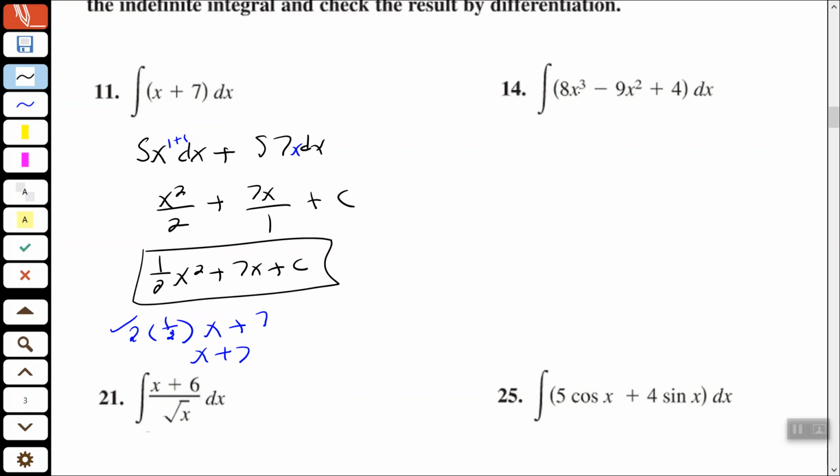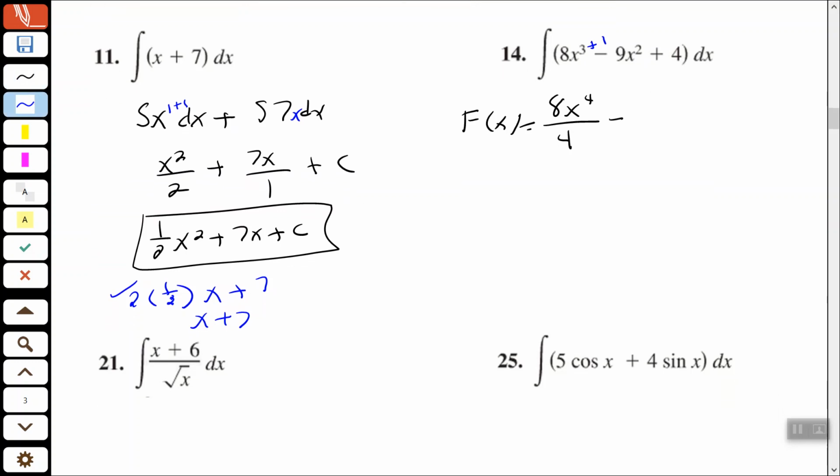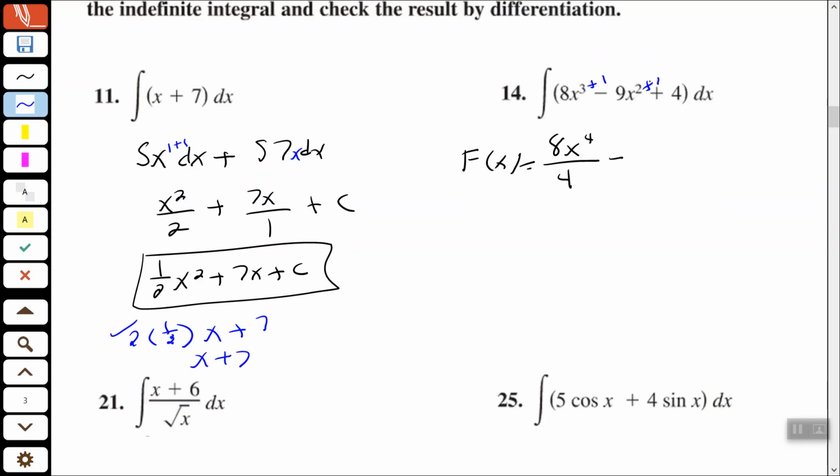So we look at each one of these terms separately in number 14. Add 1 to the 3, which gives us 4. So we have 8x to the 4th, and we divide by that new exponent. Same thing here, and we'll call this capital F of x. Add 1 to the exponent, and then divide by the new exponent.